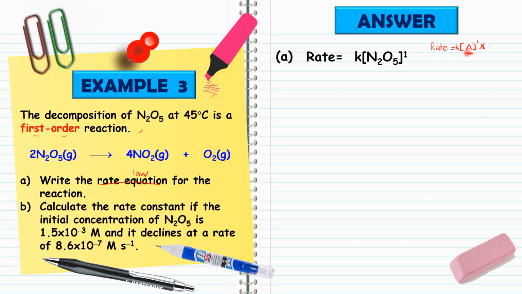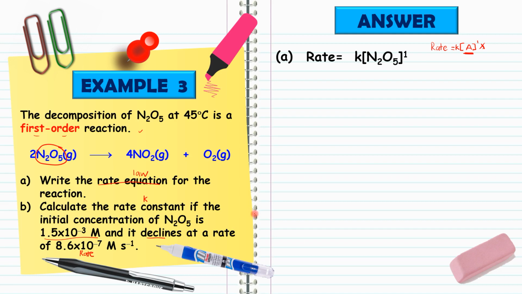Because the reactant is already given in the question, which refers to N2O5. Alright, next, calculate the rate constant k, if the initial concentration of N2O5 is 1.5 times 10 to the negative 3 molar, and it declines at the rate of 8.6. So this is the rate. How can we answer this question?